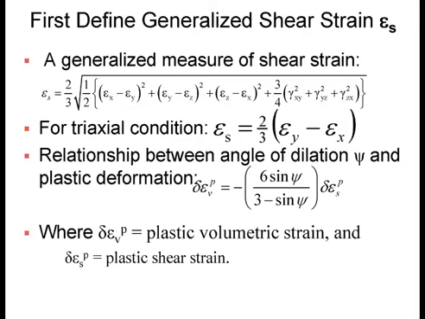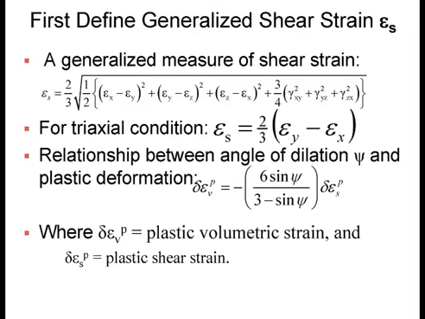And it turns out that if you adapt it to triaxial condition, the triaxial condition is very straightforward. Let me just sketch this on the board. The triaxial condition essentially says that gamma xy, gamma yz, and gamma zx equal 0. They are all 0.